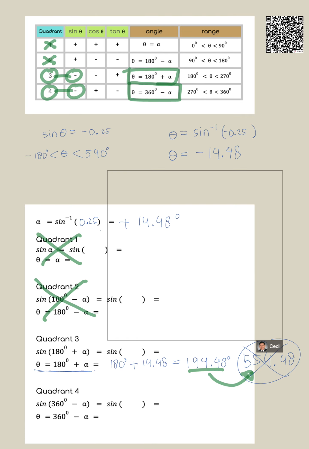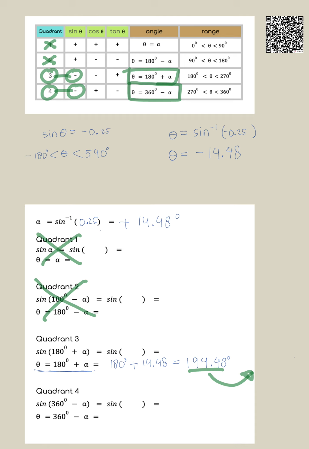So don't put that. What do we do? We erase and we try out. We can try subtracting. You minus away 360 from 194.48. 194.48 minus 360. How much do you get? You get negative 165.52.